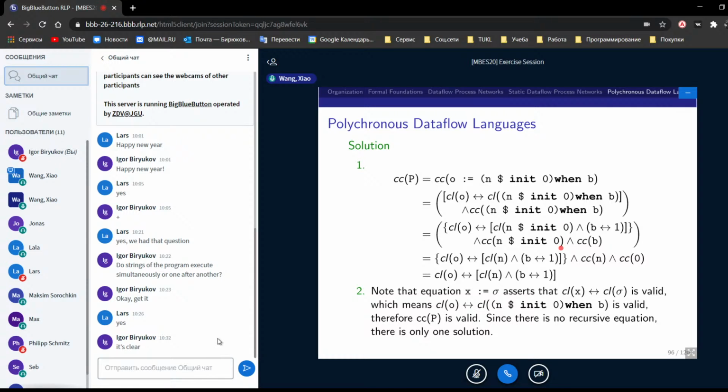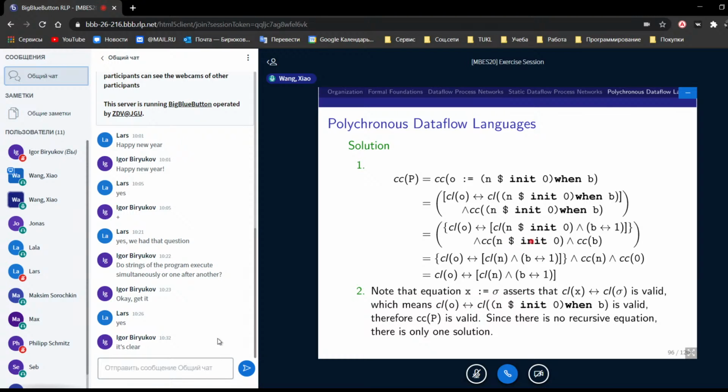But let me add a few things here. So for the when here, we still need to compute the clock consistency condition, because this thing might still have an arithmetic operator inside.